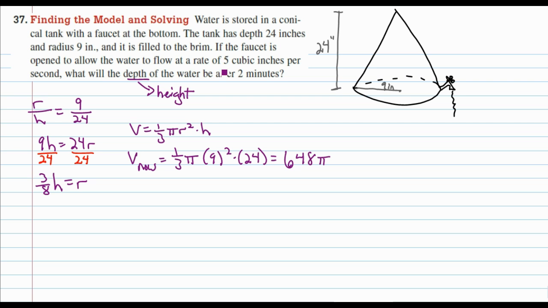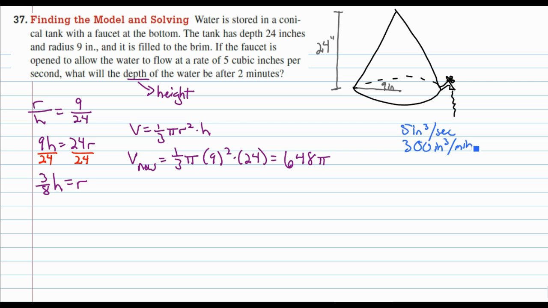How much are we losing? 5 cubic inches per second. Okay, so 5 cubic inches per second means we're going to multiply that by 60 to get cubic inches per minute. So that's 300 cubic inches per minute.